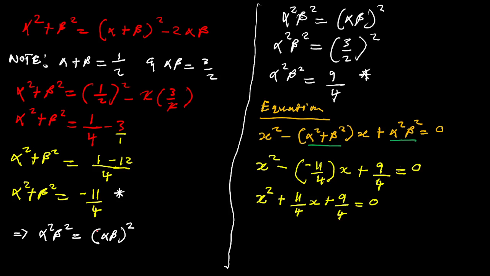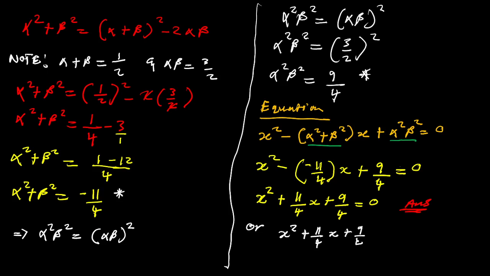For my friends who are smart enough, and who think they'll have enough time in the exam, you can go as far as this. You can say x squared plus 11 over 4 x, and then plus 9 over 4 is equal to 0. And then you multiply throughout by 4 to get rid of the 4 in the denominator.